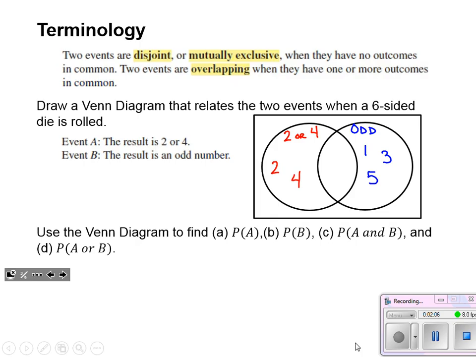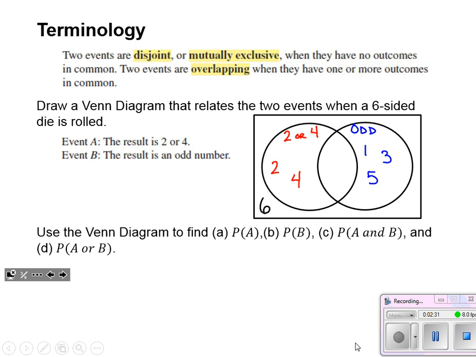And again, none of those are going in that middle section because none of those options fall into the same category as a 2 or a 4. And then lastly, we could roll a 6, but that doesn't fall in either category, right? It's not a 2 or a 4, and it's definitely not odd, so that falls just in that rectangle outside our two events.